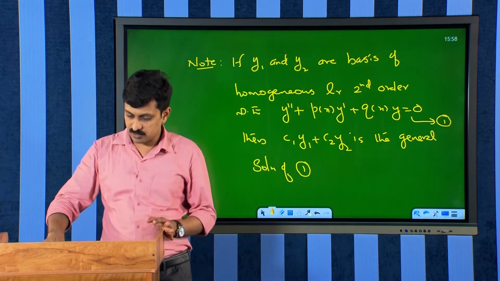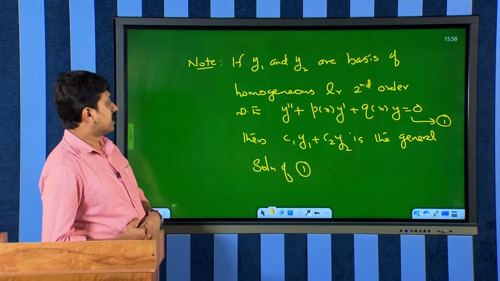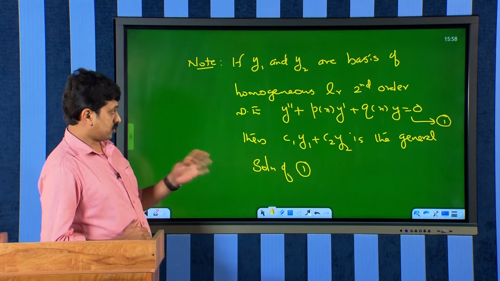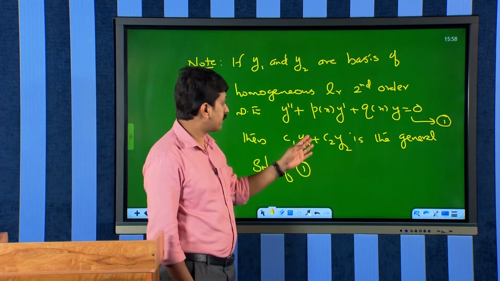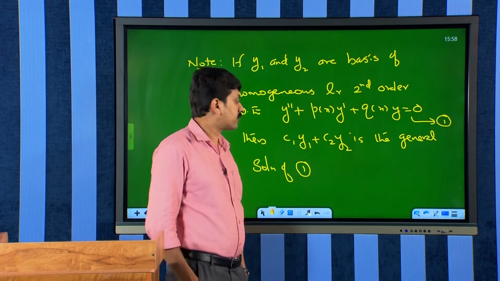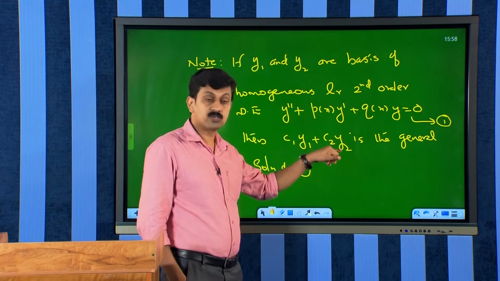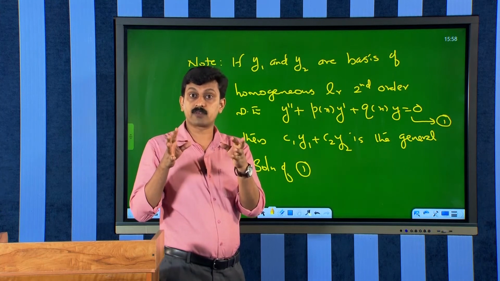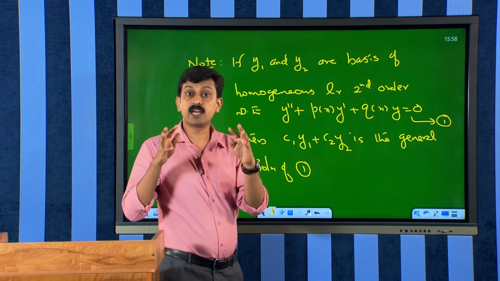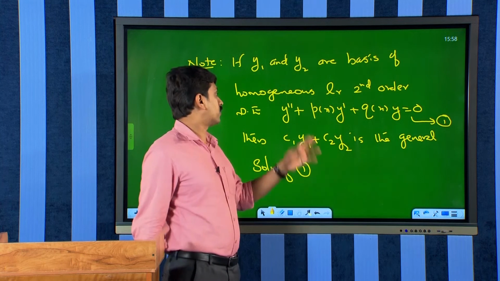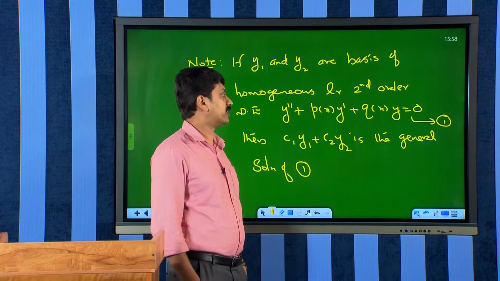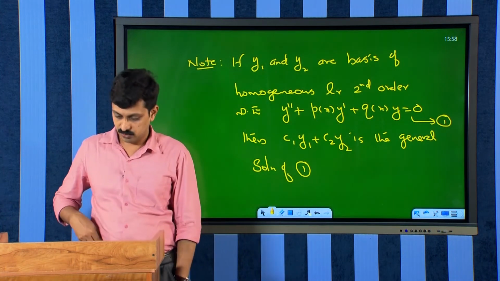See, my dear students, that is what is called the general solution. So, C1 y1 plus C2 y2 is a general solution if y1 and y2 are defined on an interval I and they are linearly independent solutions of y double dash plus p of x y dash plus q of x y is equal to 0.